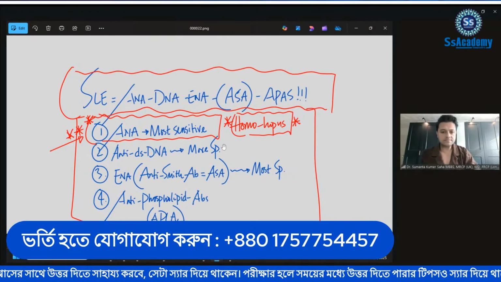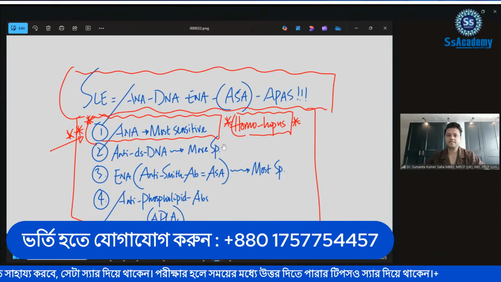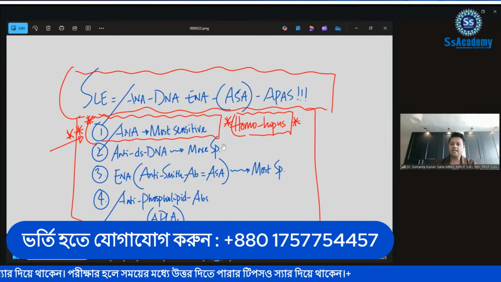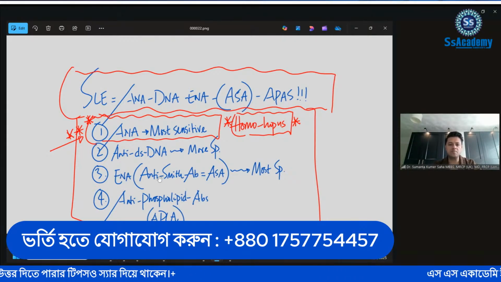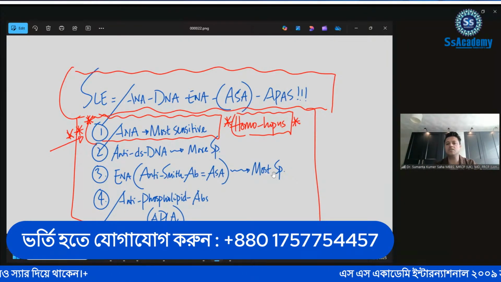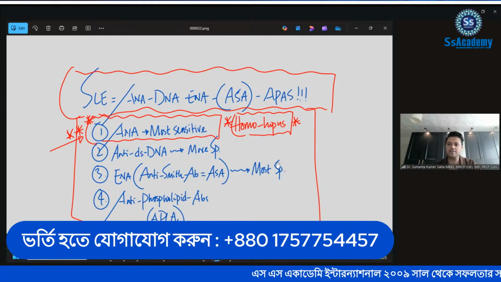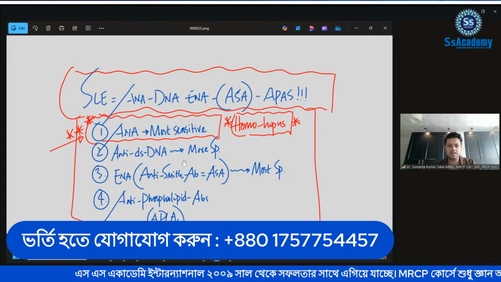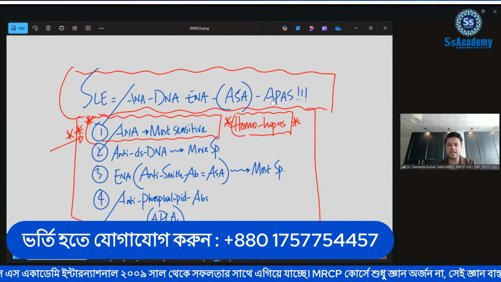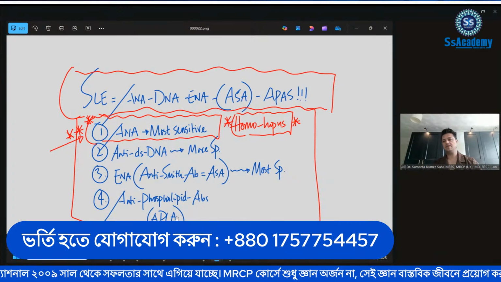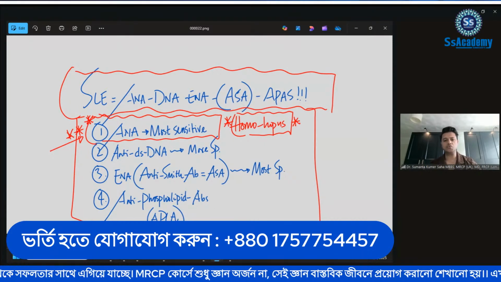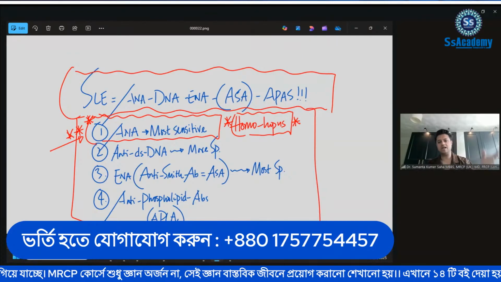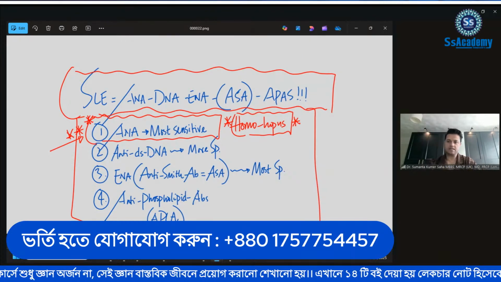Can you write down? And ENA means extractable nuclear antigen antibody, which includes anti-Smith antibody, the most specific antibody. And last is the APA, meaning anti-phospholipid antibody. Sometimes, in short form, people write APLA. I say APA. Yes, my dear.